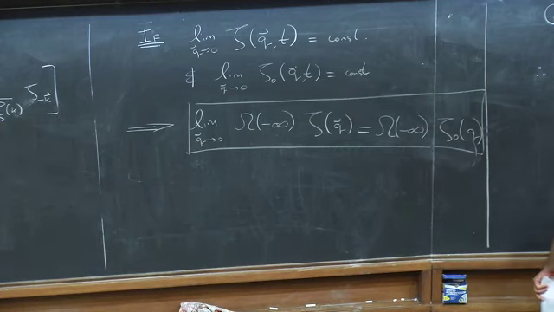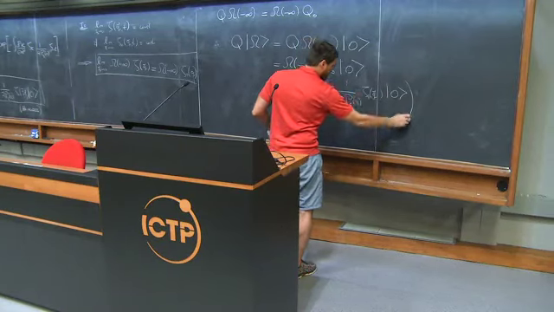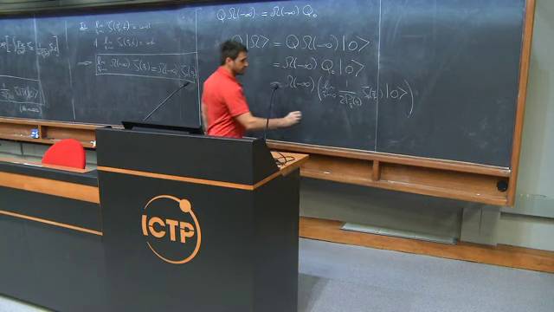We have the limit as Q goes to 0, 1 over 2p zeta Q, zeta of Q, and this whole thing acting on the free vacuum. Sorry, this was the free field.